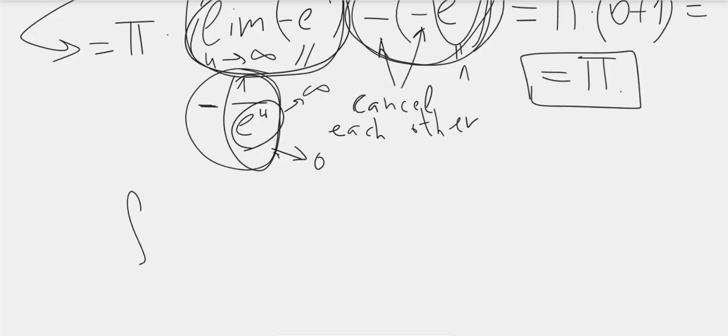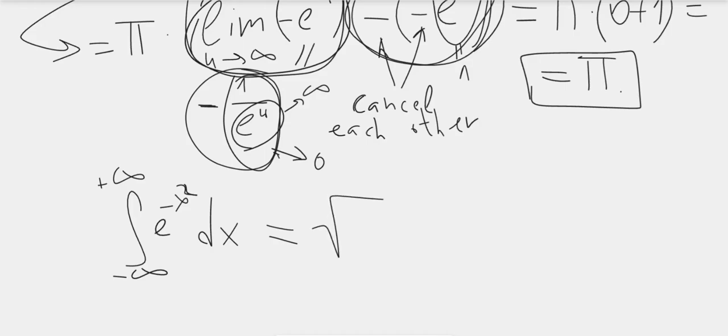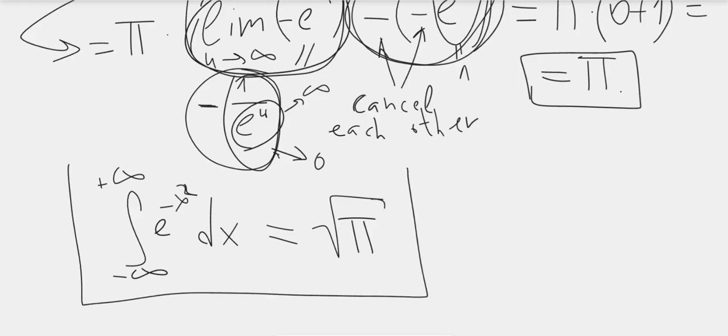So the integral from minus infinity to infinity of e to the power minus x squared dx should be equal to the square root of pi. And that is the final answer. That's it.